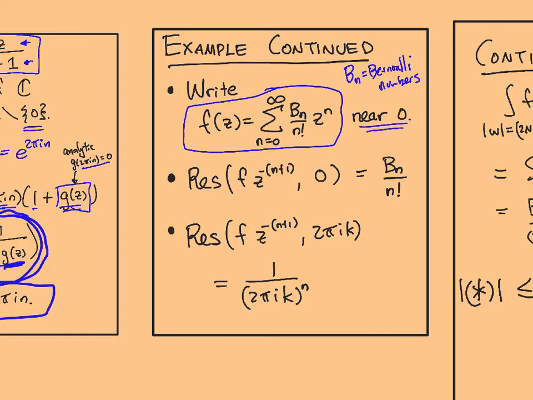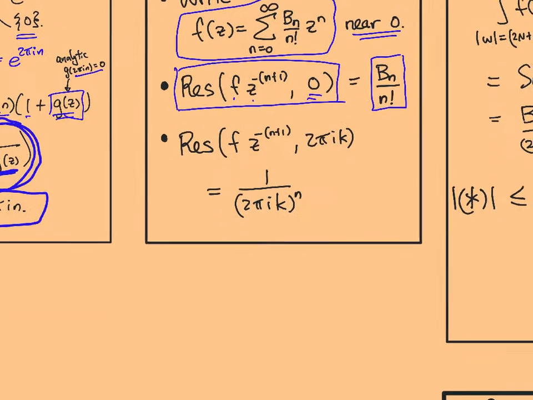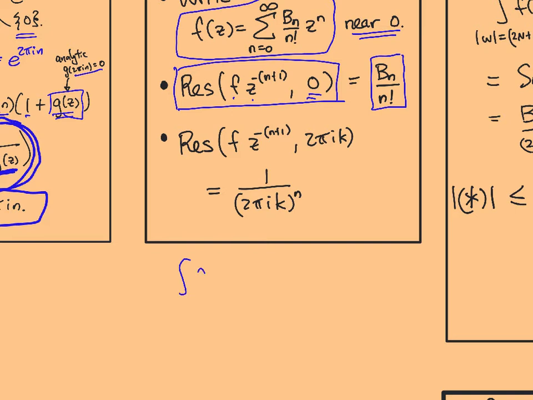And this is just near 0 again because the function f has poles at various places, so this won't converge everywhere. It'll stop converging once you hit a pole. Nevertheless, we can still use residues to compute the coefficients. The residue of f times z to the negative n plus 1, the residue of that at 0, will just give me the coefficient that I'm interested in. And this is just another way of writing the formula.